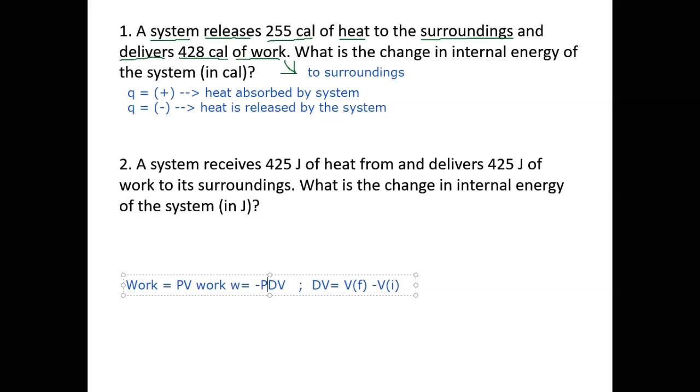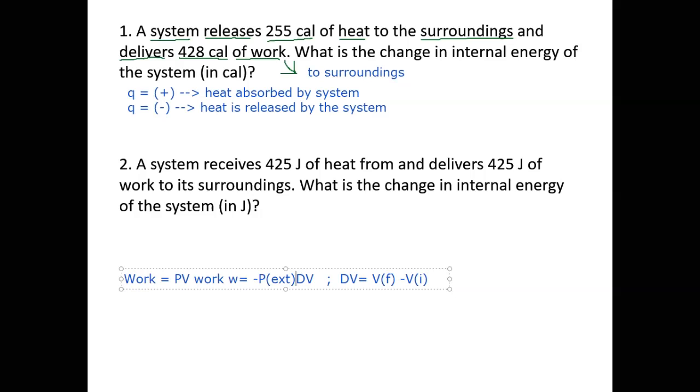P is an external pressure. So some external pressure is exerted, and you have a change in volume. This is pressure volume work, and the sign of work is important.